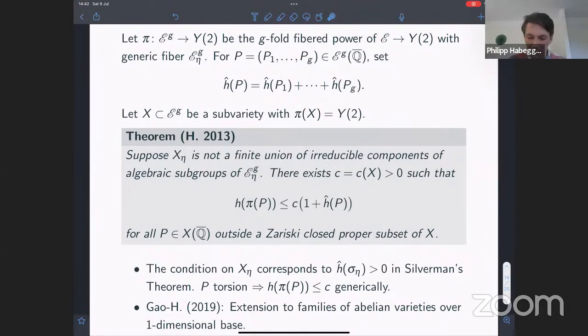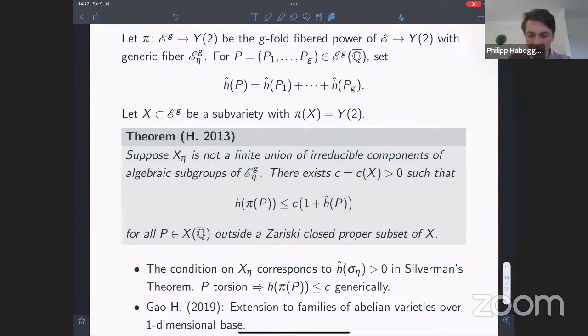So this corresponds to, in Silverman's theorem, the Néron-Tate height being positive, right? So under that condition, we had a bound on points on the base where the section attains a torsion value. So in this setting, what we get is a height inequality between a height on the base and the Néron-Tate height, which lives on the fiber.